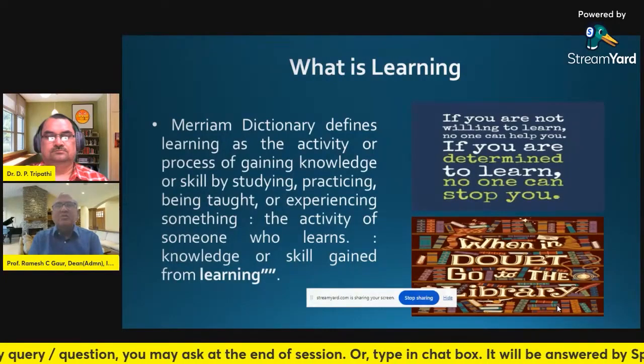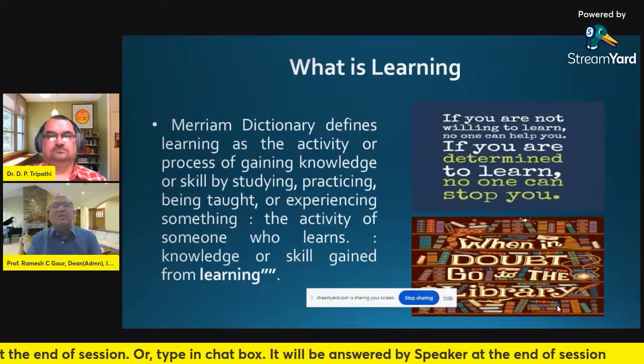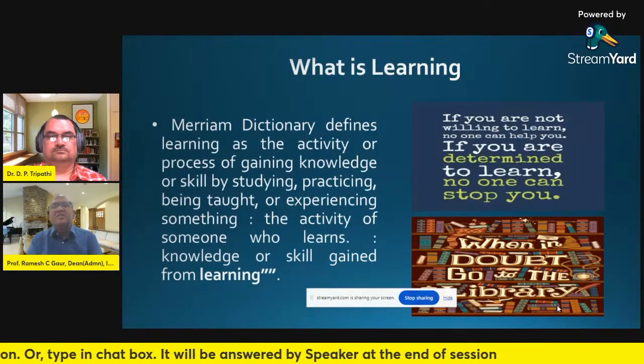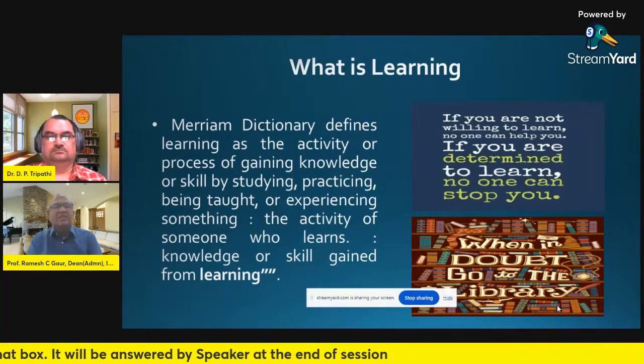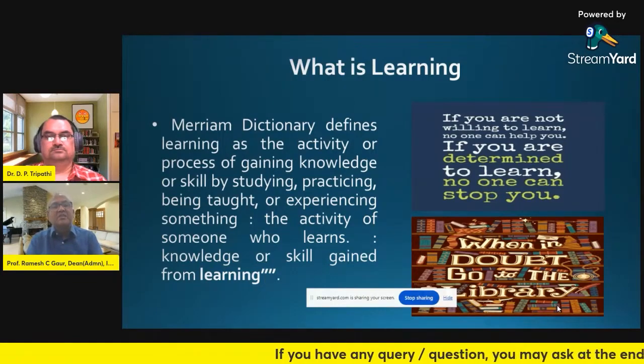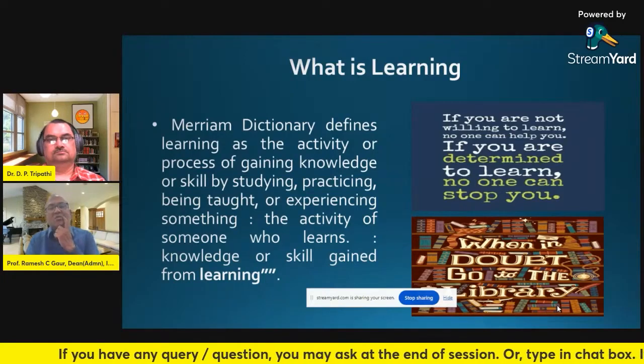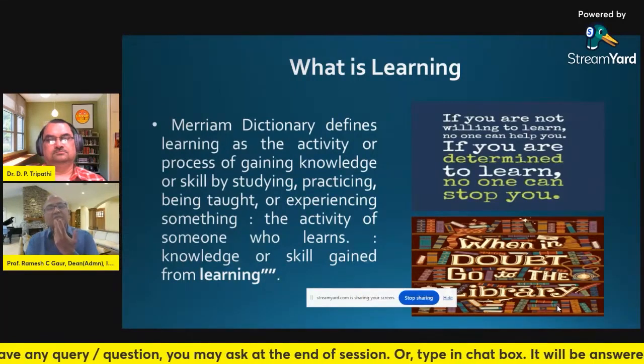So basically, to understand this learning, we have to understand what exactly learning means. Learning is the activity or process of gaining knowledge or skill by studying, practicing, being taught, or experiencing something. The activity of someone who learns, knowledge or skills gained from learning.